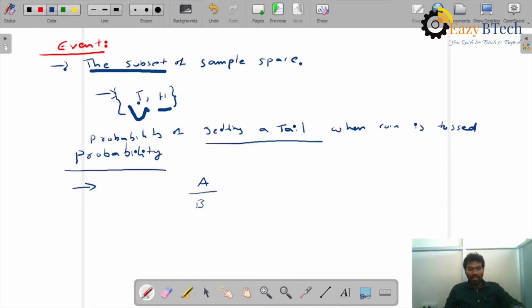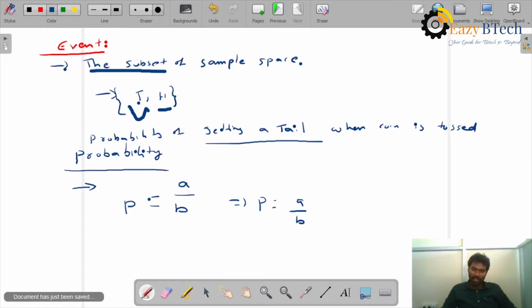Here these are two numbers, and the probability I represent as p. So ratio means we should know what a is and what b is.